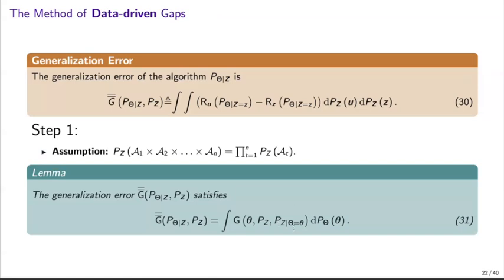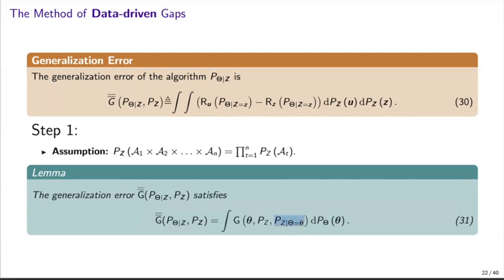Because we said a machine learning algorithm is a measure P theta given Z. And that algorithm can be considered as the posterior on the models given the observation of the data. This explains actually the optimization problem that we solve. So what we see here actually is the likelihood.